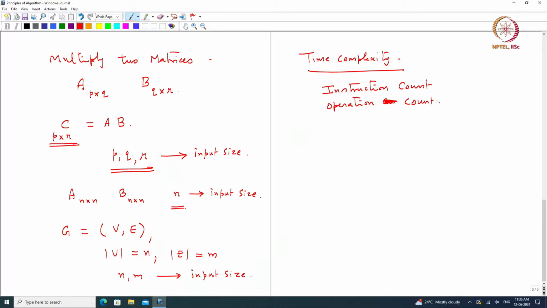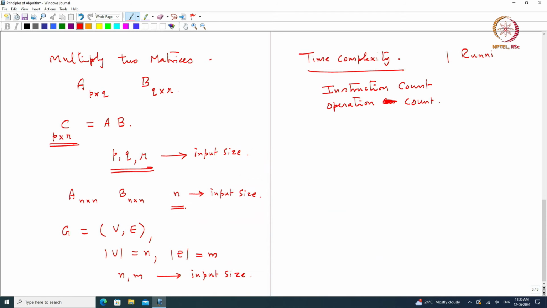The number of operations you perform on the data, how many operations you perform to produce the output. Use this to get an idea of the running time. This instruction count is an integer, just a number, okay, and this instruction count is called the time complexity.